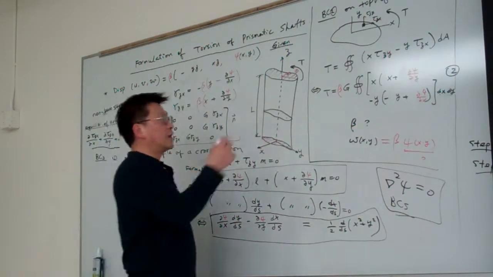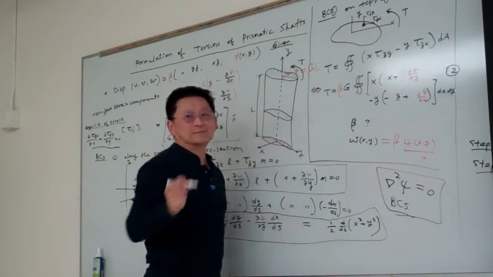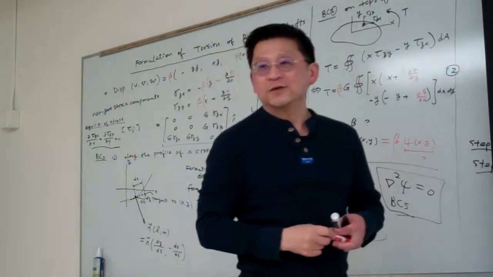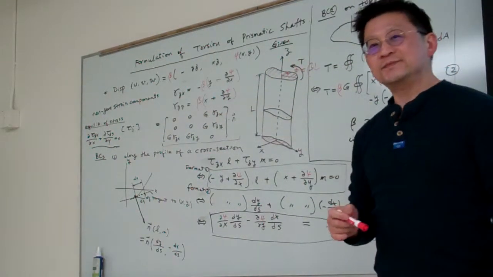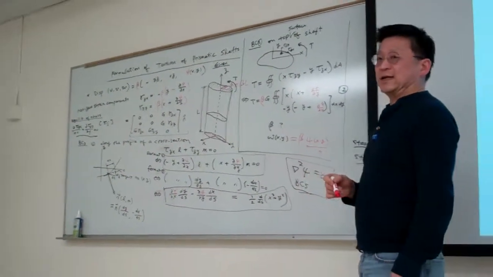Just beta L, isn't it? Yes, just beta times L. That's it. Good? So beta's units are radians per length.